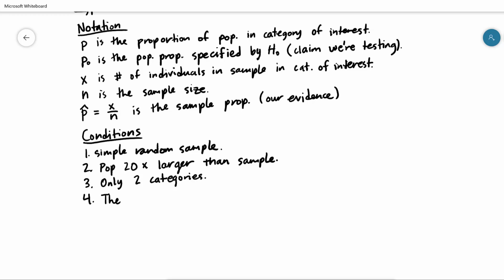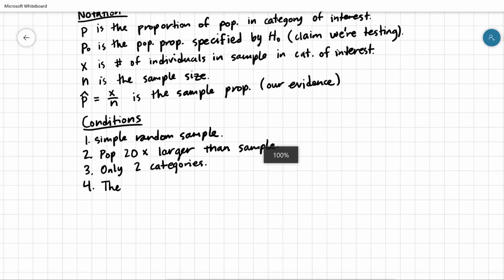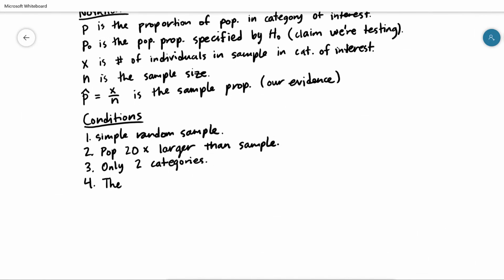If we translated this to the actual number of individuals in the two categories, based on that being a proportion, we would get the following. We would get that the values of n times p naught, so we take the proportion of the population, multiply it by how big the population is, and this would give us a number of individuals.